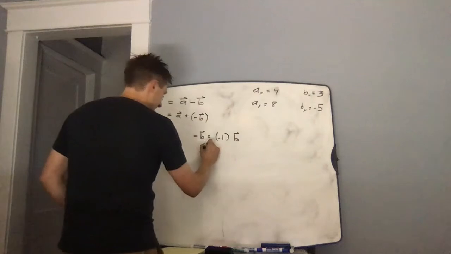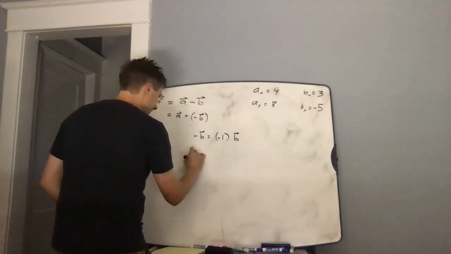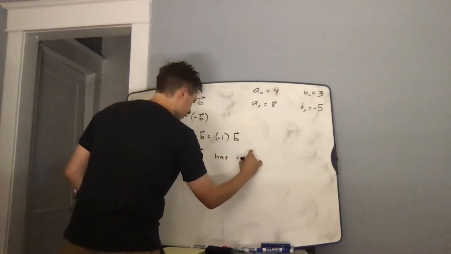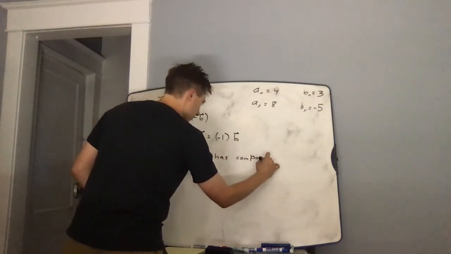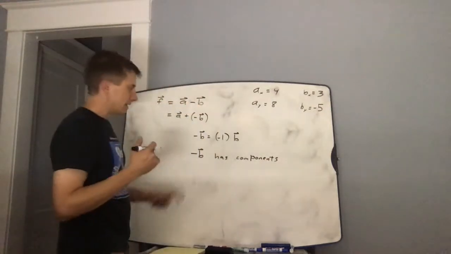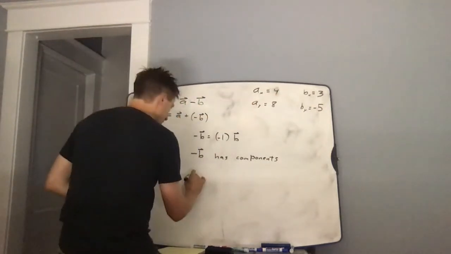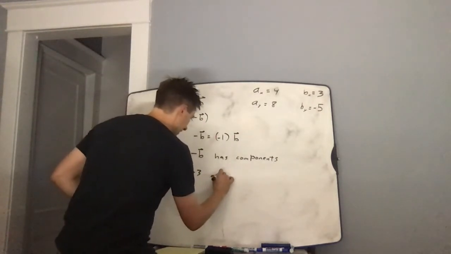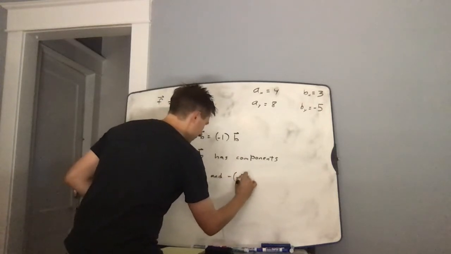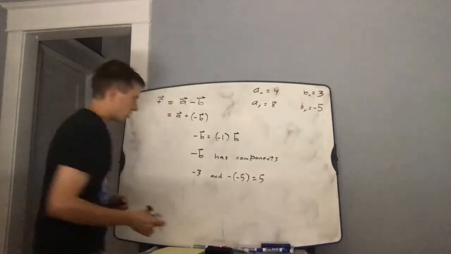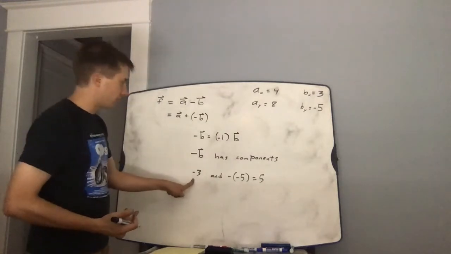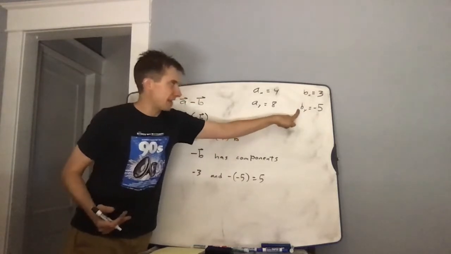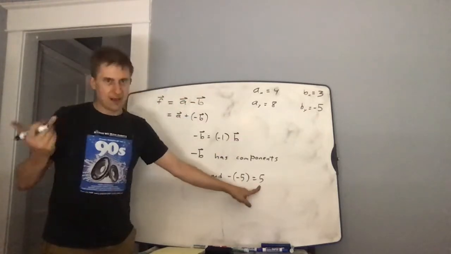So I would say negative b has components negative bx, which is negative 3, and negative by, and negative 5, which is just 5. So the horizontal component of negative b is negative 3. The vertical component of negative b is positive 5.